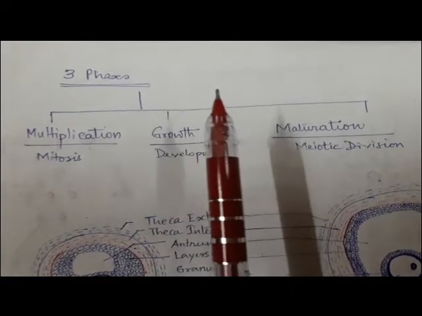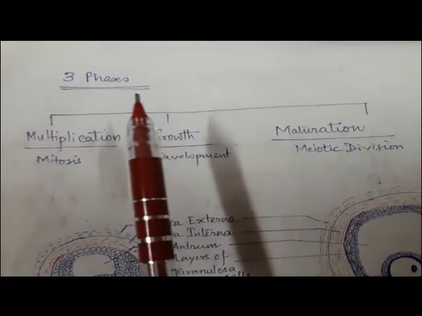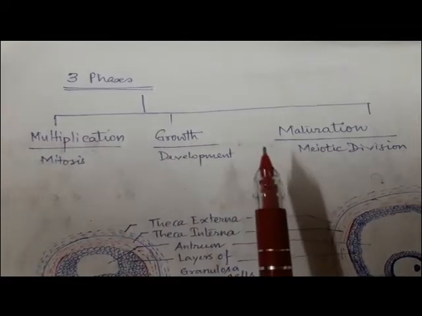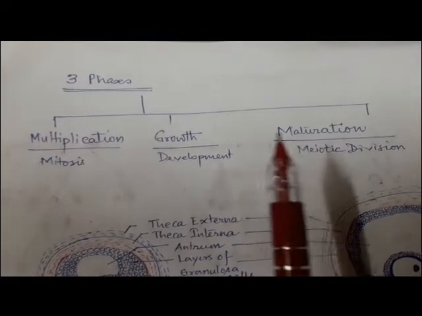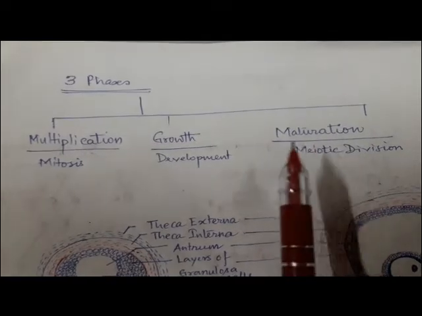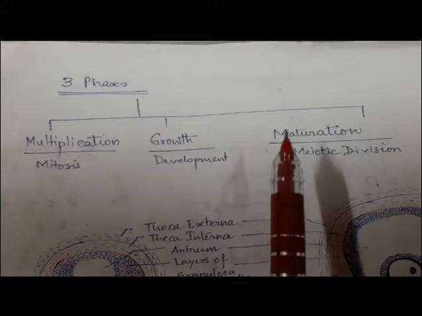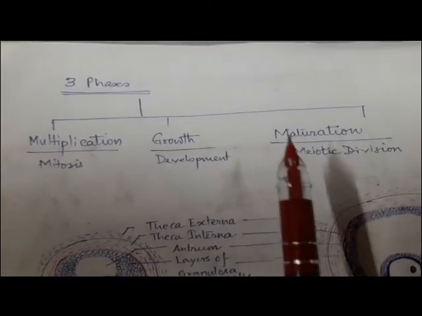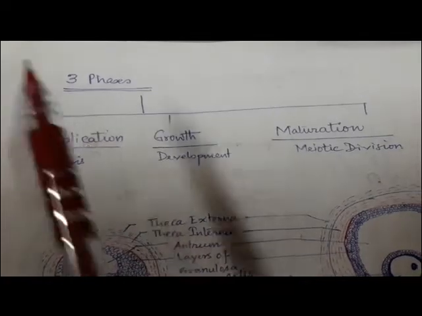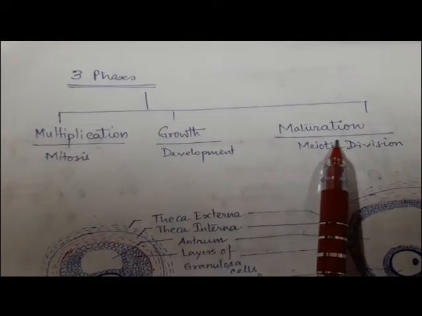Around 2 million primordial follicles develop, but 50% of them get degenerated, and around 60,000 to 80,000 such primary follicles actually mature, and then it follows 3 phases: multiplication, growth and maturation, right?